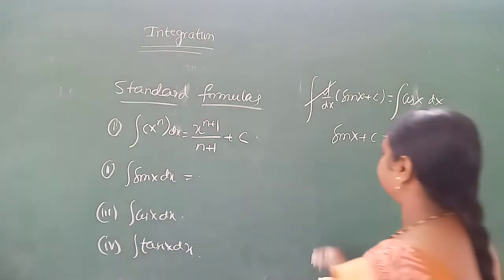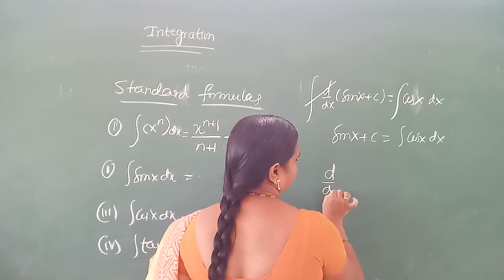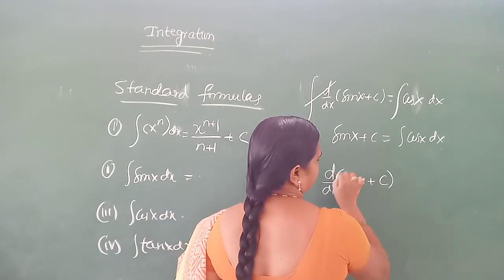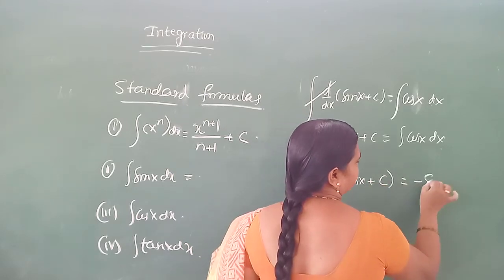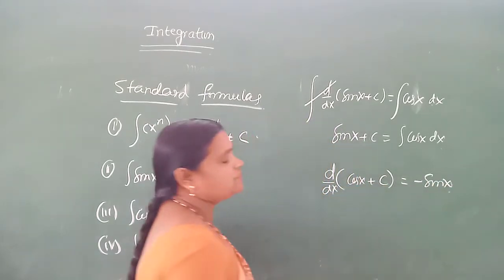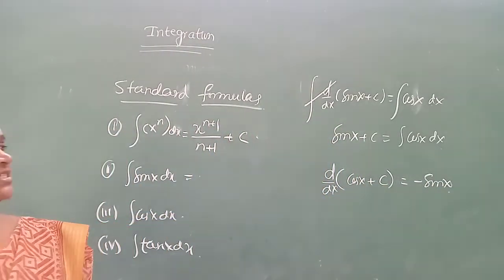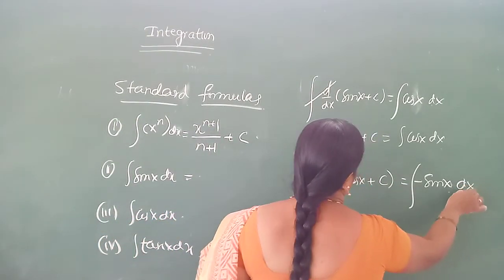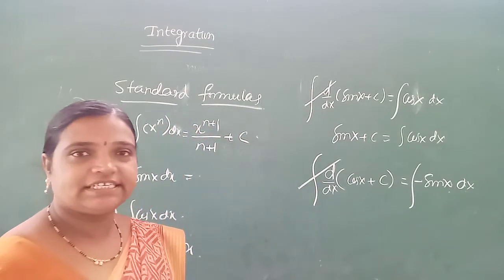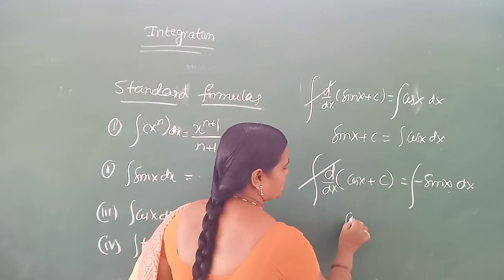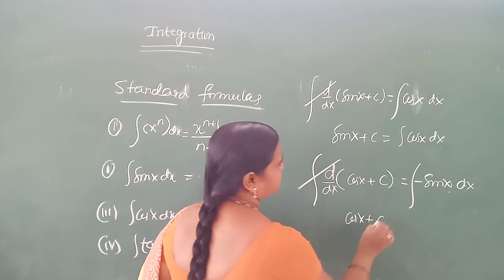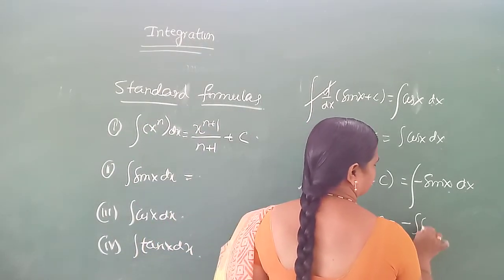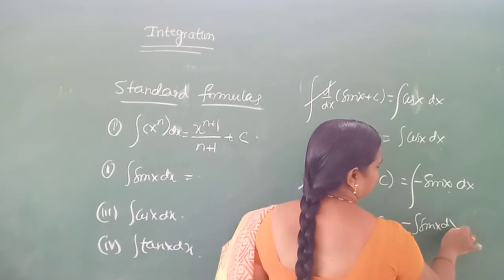Again I will take another one, d by dx of cos x plus c. Differentiation of cos x is minus sin x. Apply integration on both sides with respect to x. Integration and differentiation get cancelled. We get cos x plus c is minus integration of sin x dx.